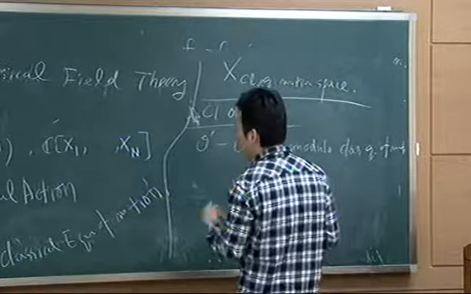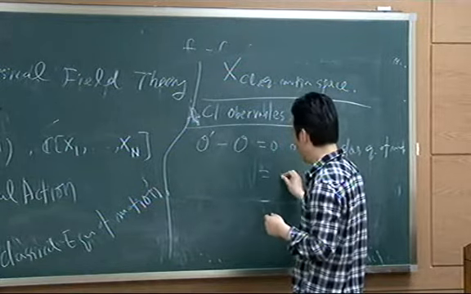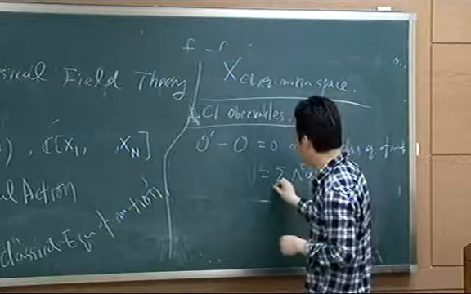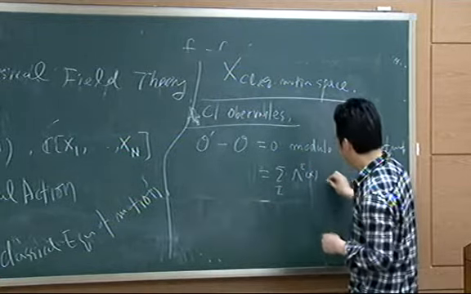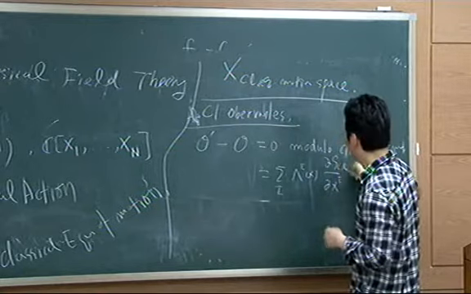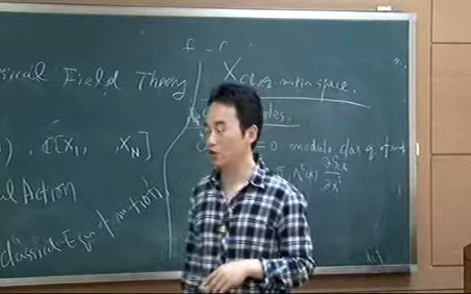In other words, this is something like: if I can write this difference as a summation of some functions times the partial derivatives of S classical with respect to x_i, then this thing vanishes by the classical equation of motion.